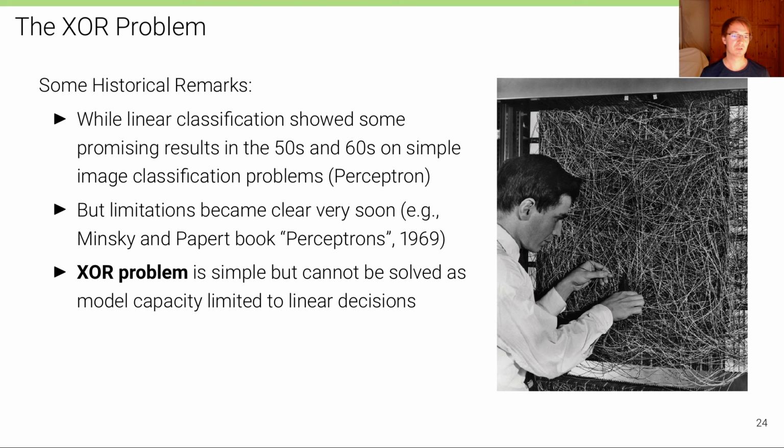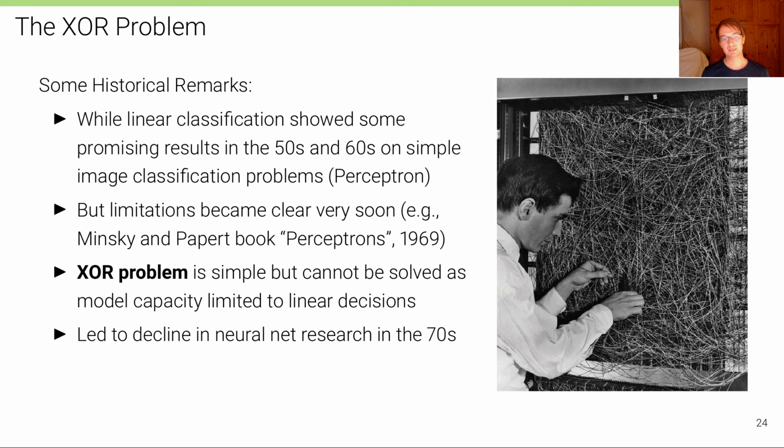For instance, the XOR problem is a very simple problem, just 4 data points, but it cannot be solved as the model capacity is not enough. The model capacity of a linear classifier is inherently limited to linear decisions. So we can only make linear decisions, and cannot even solve this simple problem correctly.